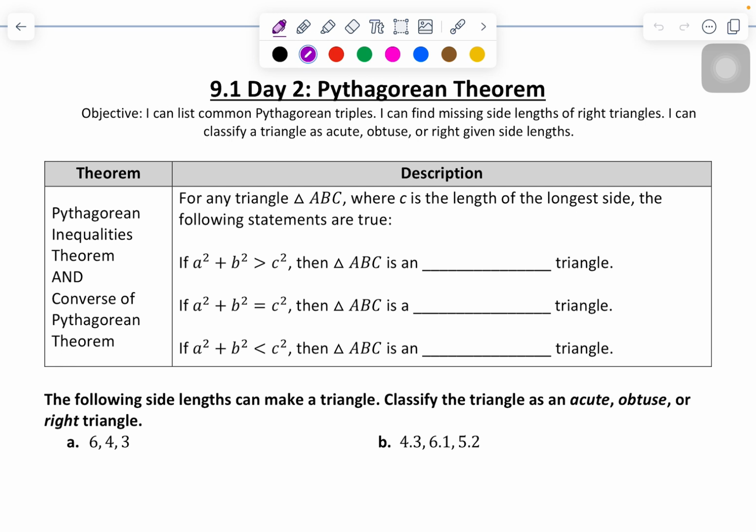Specifically, if the a squared plus b squared is bigger than the c squared, so that c squared piece is the smallest piece, it ends up being an acute triangle. If it is equal, it's a right triangle. And if the c squared piece is the larger of the pieces, it is an obtuse triangle.